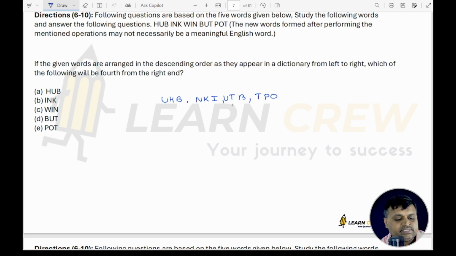Now the question is, which of the following will be fourth from the right end? From left to right, which of the following will be fourth from the right end? So here, now what is given here? If the given words are arranged in the descending order as they appear, sorry, this is not like this.